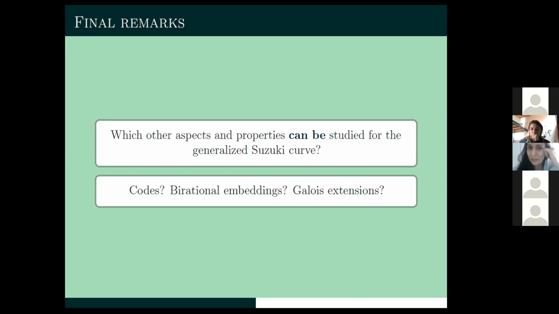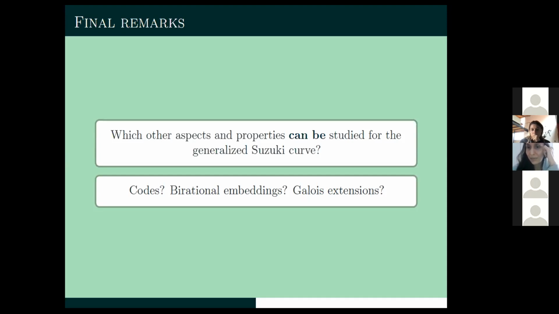I would like to point out that the characteristic in the case of the Suzuki curve was very important in many of the aspects that were proved for this curve.